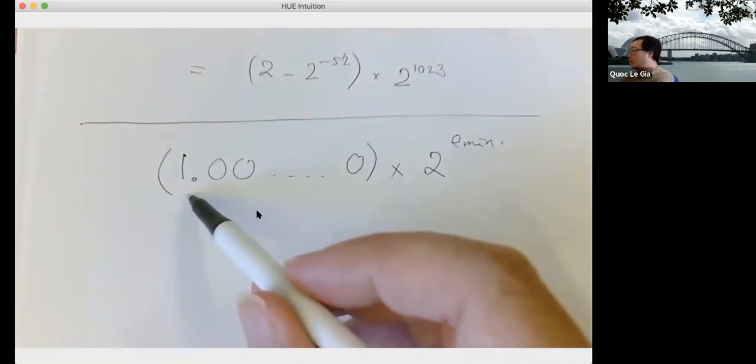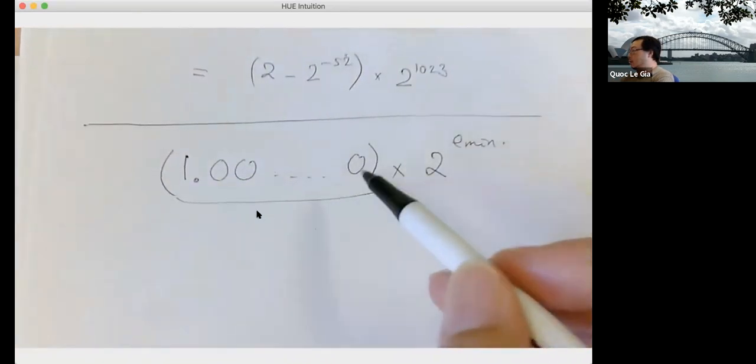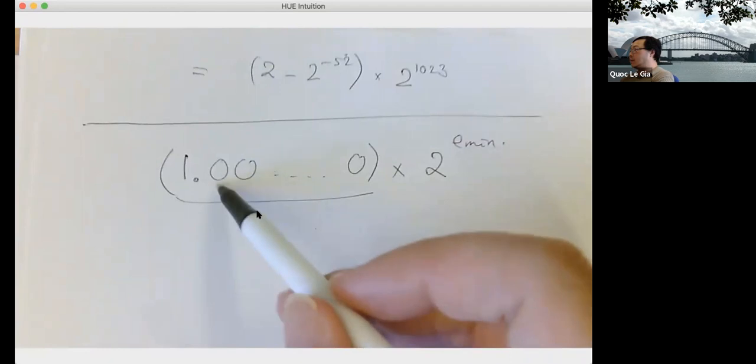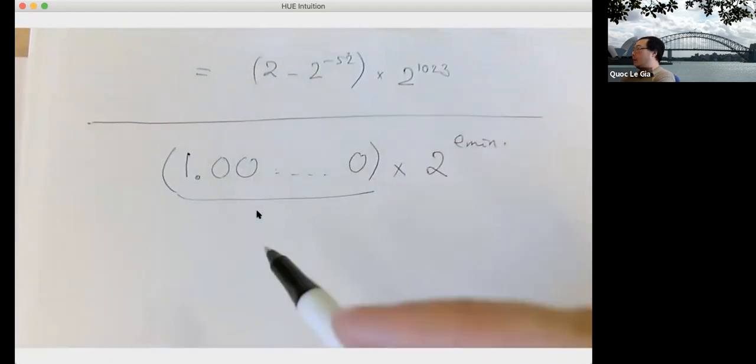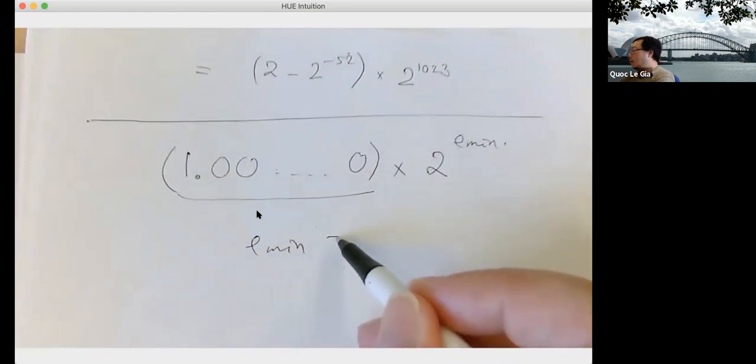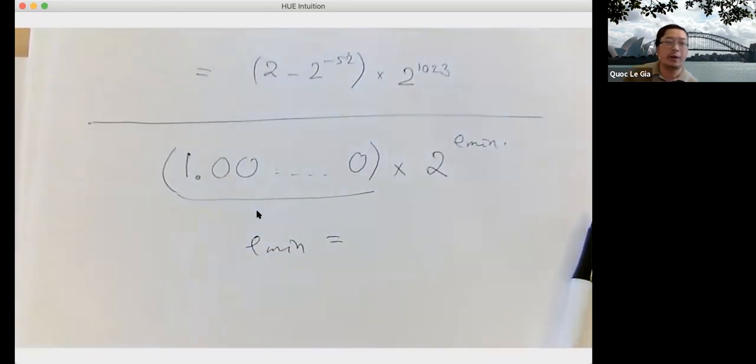This one is 52 digits, but they are 0, so just 1. So what is E min? Remember, we got E min from the IEEE.